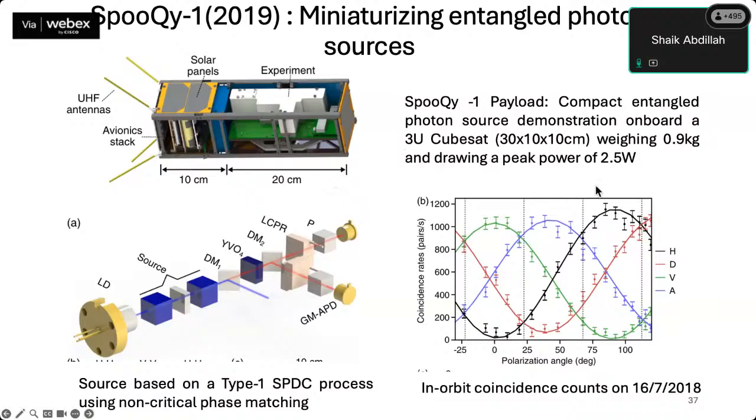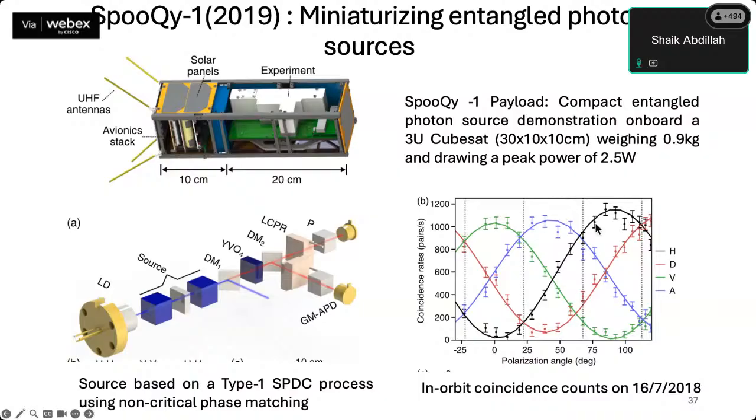And they show that with only a peak power of 2.5 watts, they can generate a very high fidelity entanglement with a co-aligned BBO crystal using a type 1 SPDC process, right?